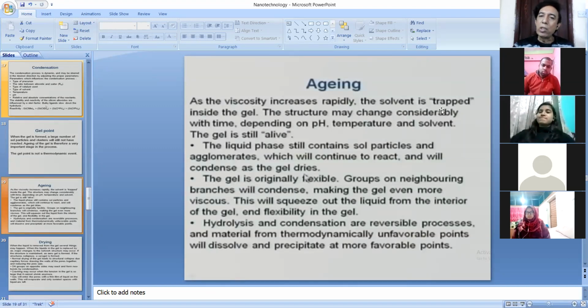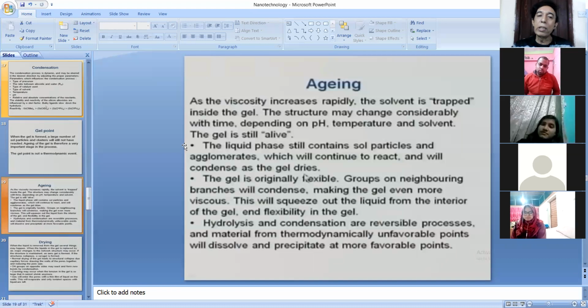The structure may change considerably with time depending on pH, temperature, and the solvent. The structure of that three-dimensional gel changes depending on the pH of the solution, the temperature of the solution, and the nature of the solvent. The nature of the solvent means either the solvent is water, or alcohol, or you can use any other solvent.